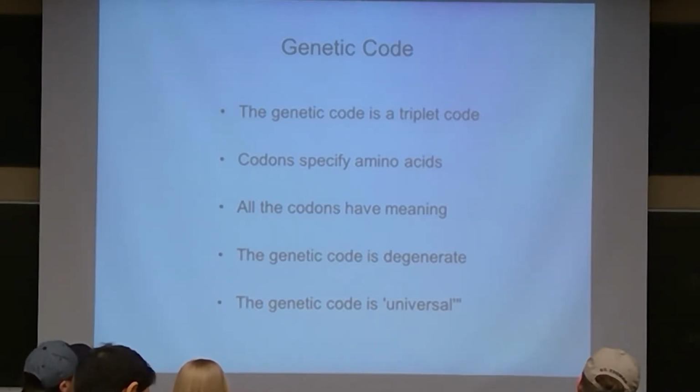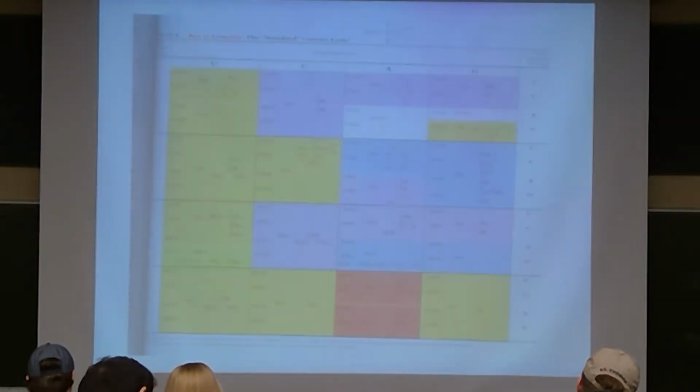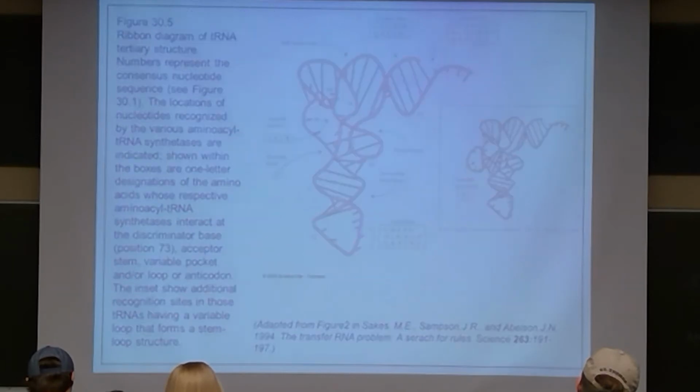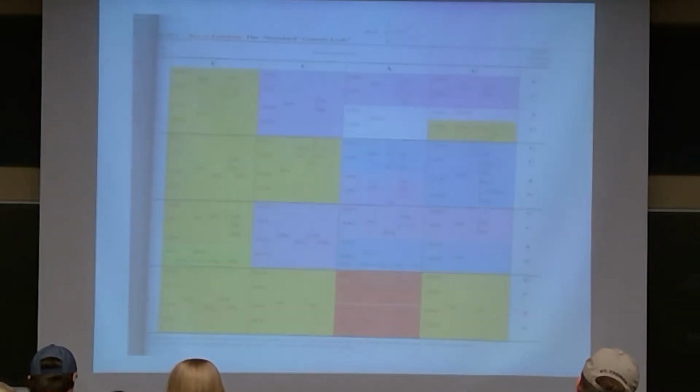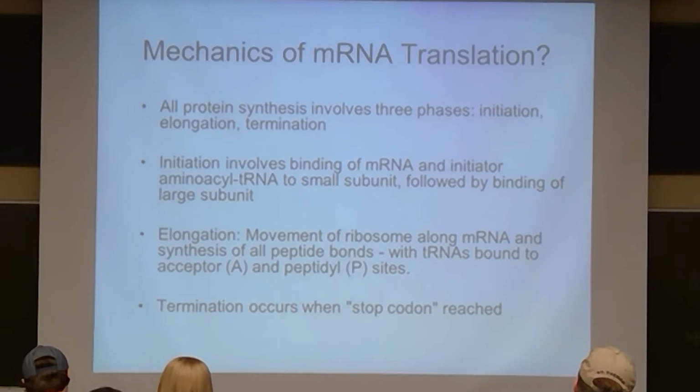So once you have that, then you go for the translation mechanism, correct? Initiation, elongation, and termination. This we already said. And what is special about the initiator tRNA? Formylmethionine tRNA is the initiator tRNA, correct?